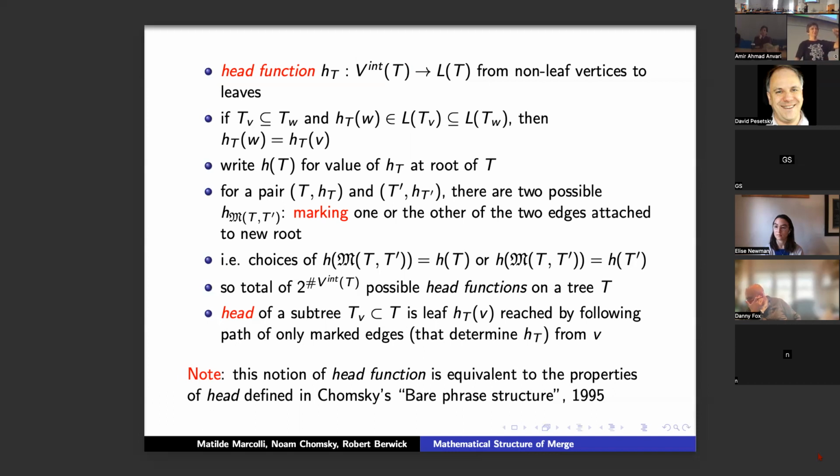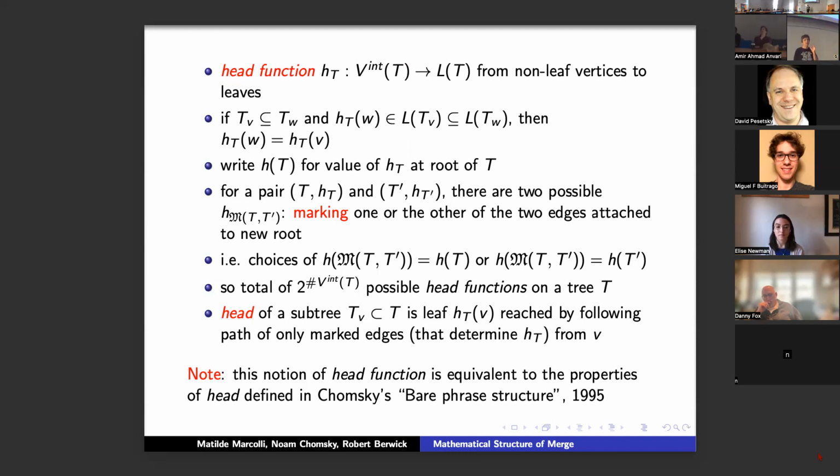The way I'm thinking of this is that if I give you a vertex, you can look at the accessible term hanging below that vertex, and I'm looking at whether this has a head. If it has a head, that's singling out one of the leaves, and I'm mapping this vertex to that leaf. But for now, it's just a function from this set of vertices to the set of leaves.